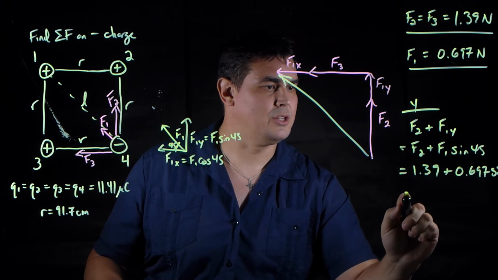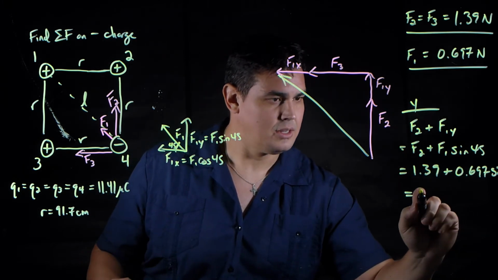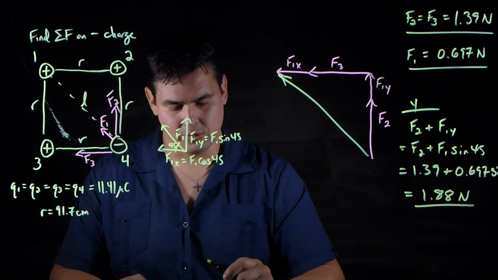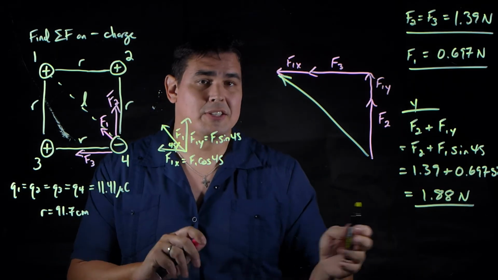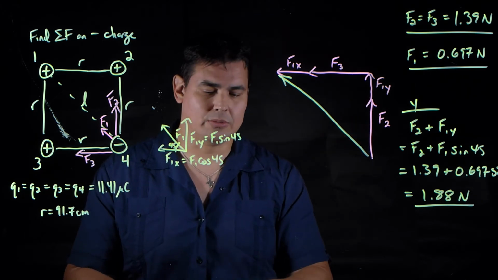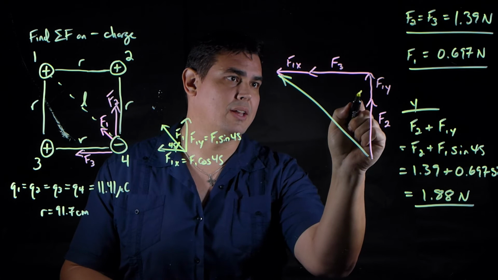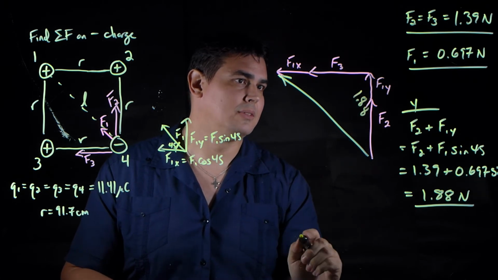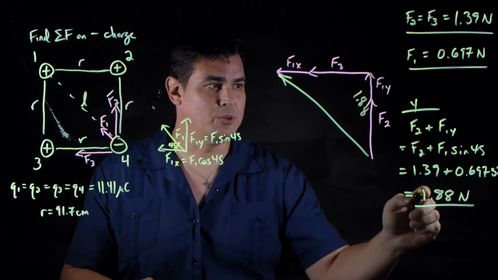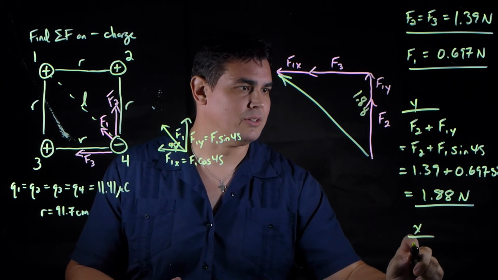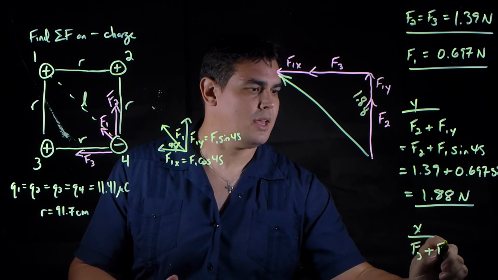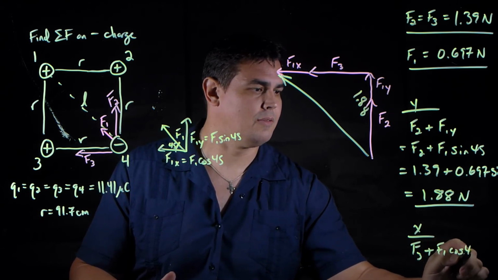And so when I do that, I get 1.88 newtons. Okay? And if you wanted to, you could solve for the x direction too. I know this right here is 1.88. That means that this side also has to be 1.88, right? If I wanted the x direction, it would be F3 plus F1 cosine 45.